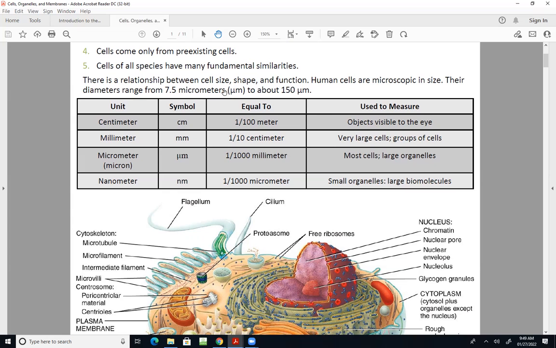Now, you may or may not have been exposed to micrometers before. I imagine looking at this table, you recognize at least a little bit of what you see here. What I'm introducing here in this table is a look into what we call the metric system.